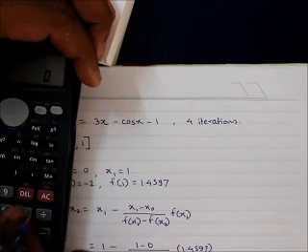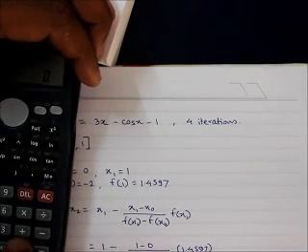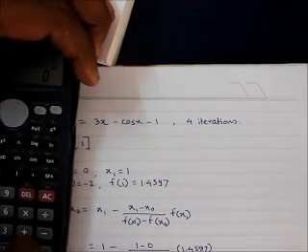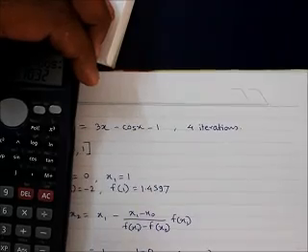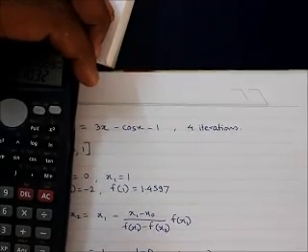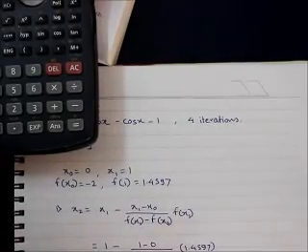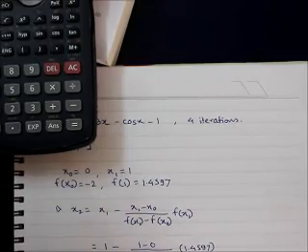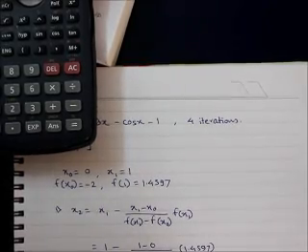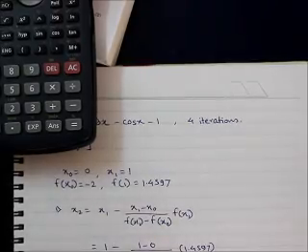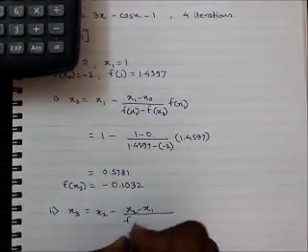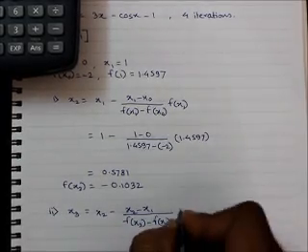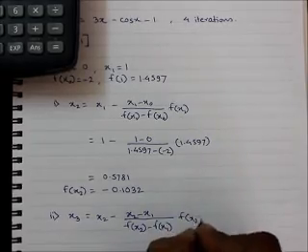Now let's see what f of x2 is going to be. 3 into 0.5781 minus cos of 0.5781 minus 1. So f(x2) is minus 0.1032. Okay, let's see the second iteration. x3 will be x2 minus (x2 minus x1) divided by (f(x2) minus f(x1)) multiplied by f(x2).